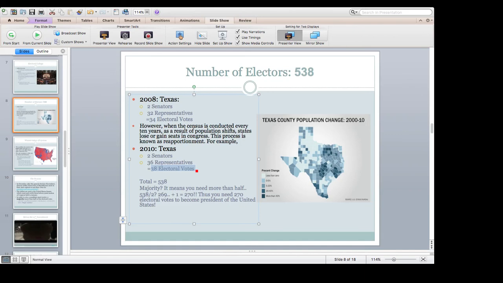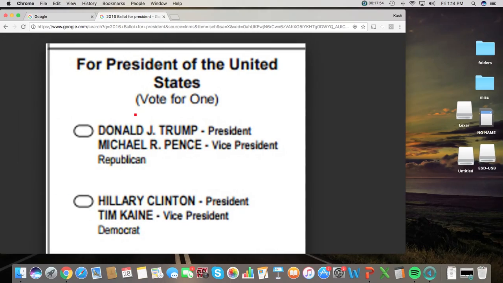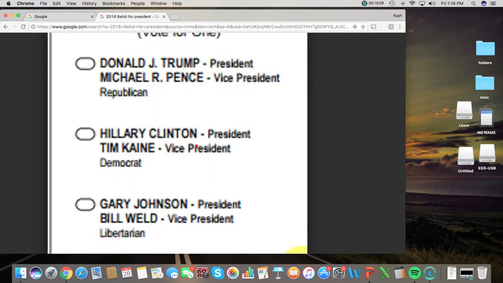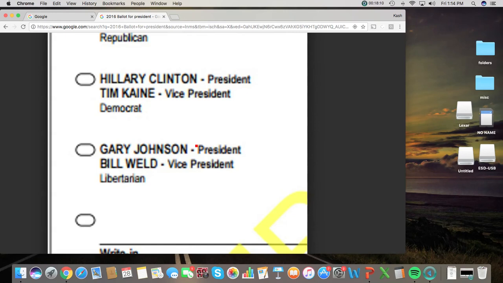Well, guess what? It comes to you and I, the people. Remember I showed you earlier a ballot? So let's say in Texas, everyone goes out and votes. Millions of people go out and vote. And they choose between Donald Trump for president and Hillary Clinton for president, or the third party candidate, Gary Johnson.